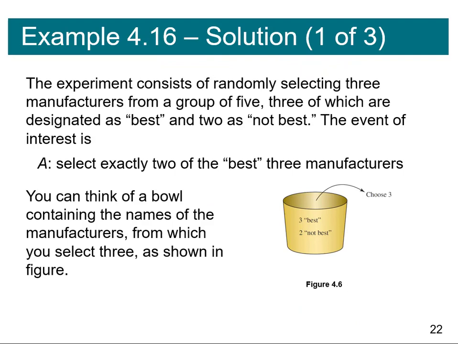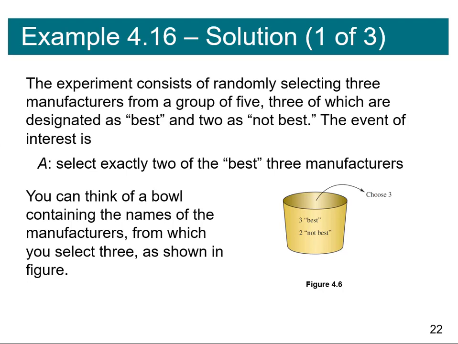The experiment consists of randomly selecting 3 manufacturers from a group of 5. Okay, we said that. We're going to choose 3 from 5, and that's going to give us the sample space. Three of which are designated as the best, and 2 of which are designated as not best.